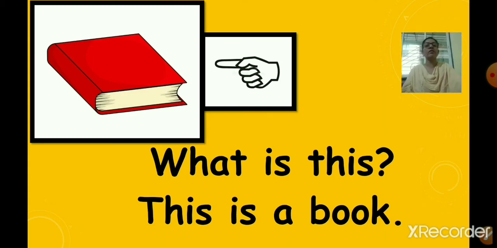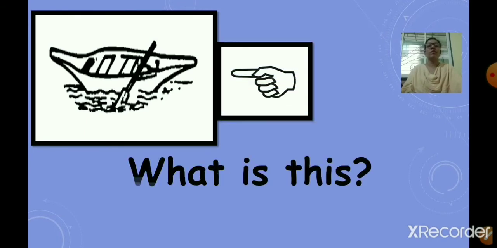Now, one more example. What is this? Again, where is the object? It is near to you. So, we ask, what is this? When we are pointing to the near object, we use this. What is this?